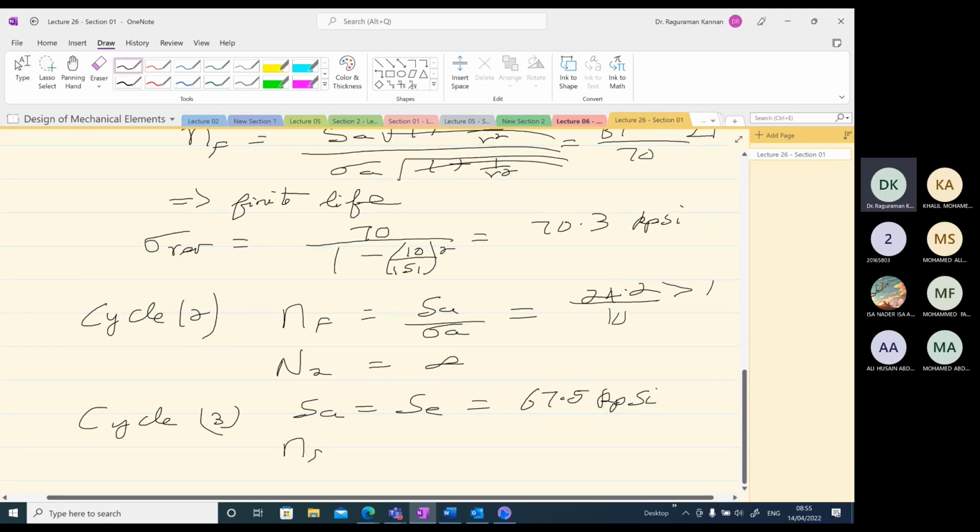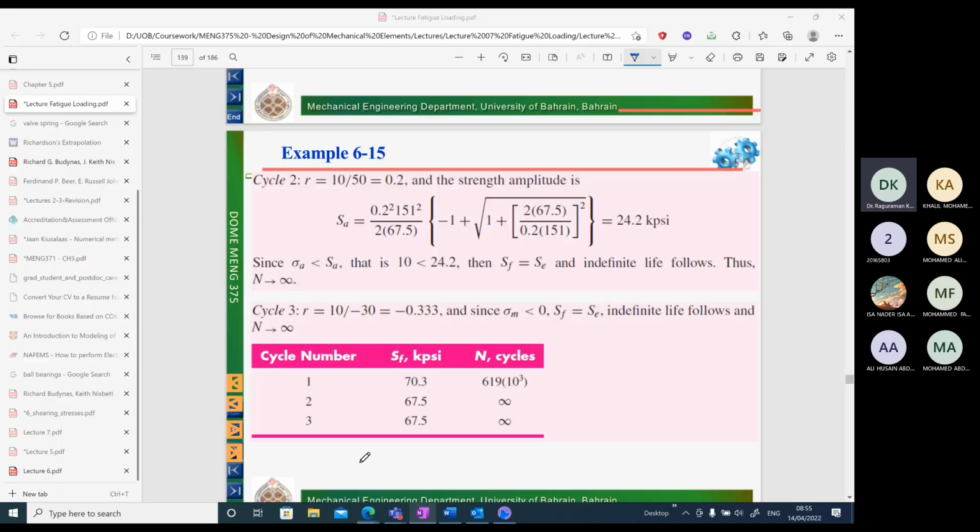Again we can find the fatigue factor of safety as SA over sigma A, and let's go back to the cycle. Sigma A is 10.